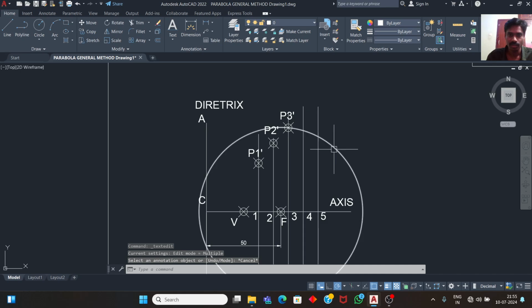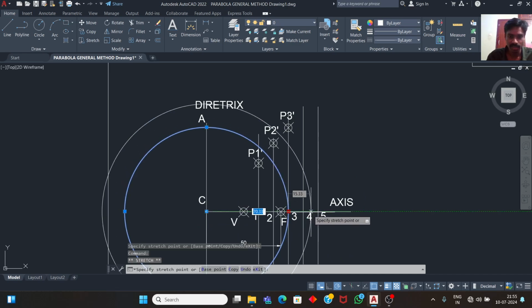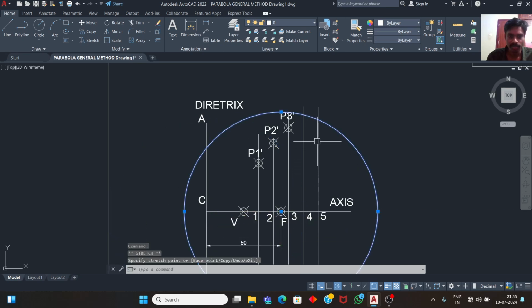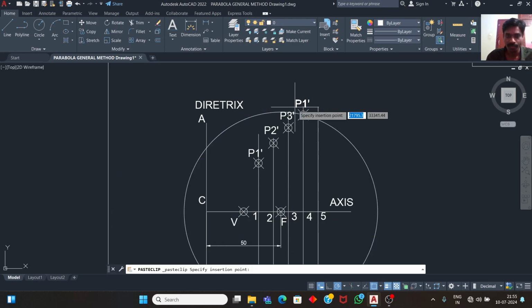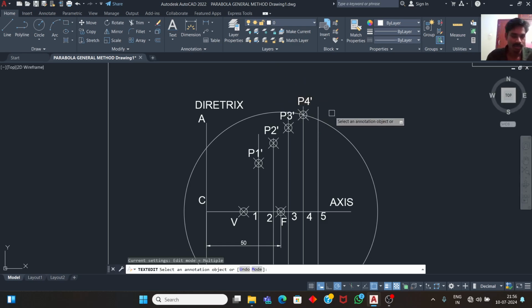Okay, and next, using the same circle, increase the radius from 3 to 4 and move this circle to the focus point and locate another point, that is the point P4. Double click on it and edit 4.